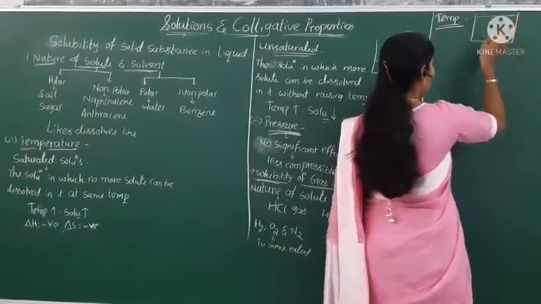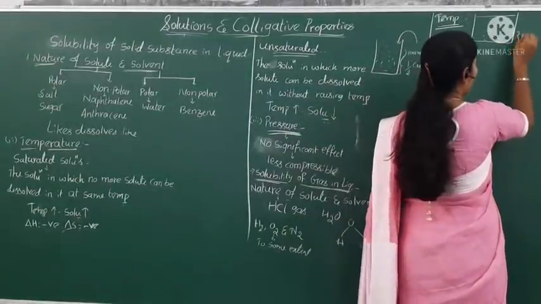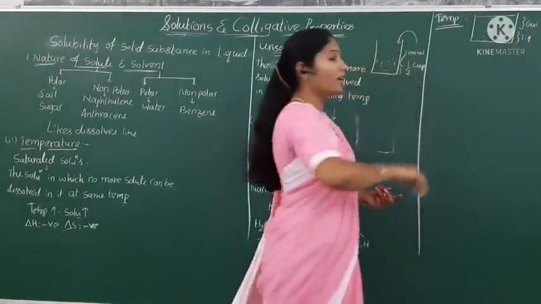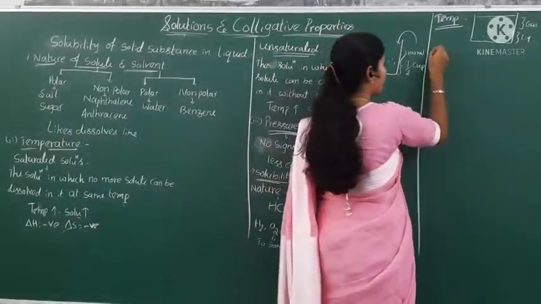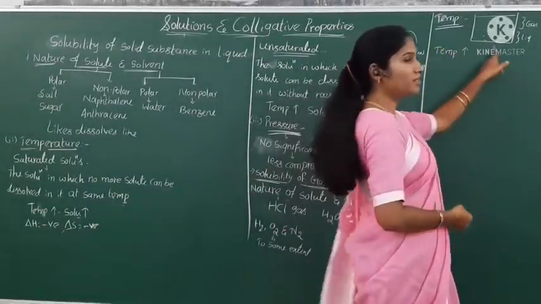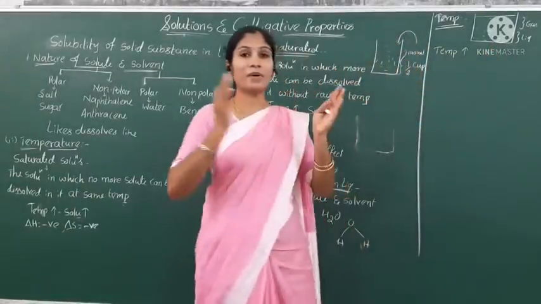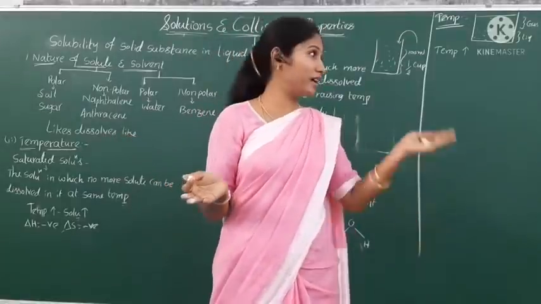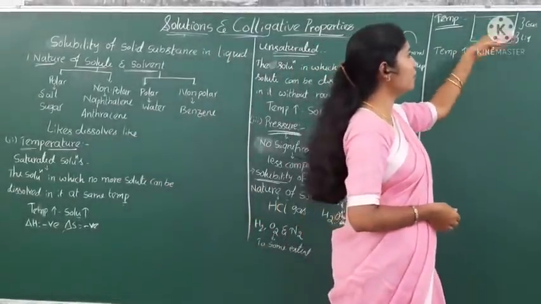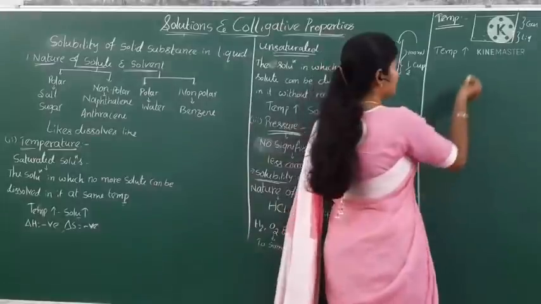Now increase the temperature, that means heat the contents of the beaker. What we can observe is that expansion of substances takes place on rising temperature. The gas will expand more, so the solubility automatically decreases.